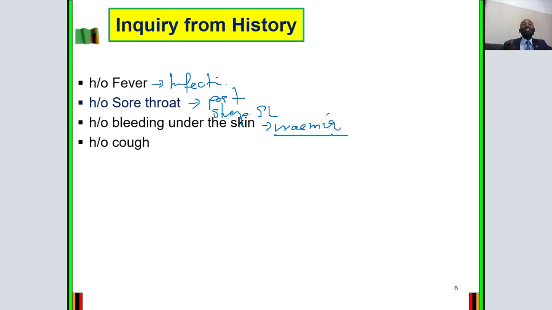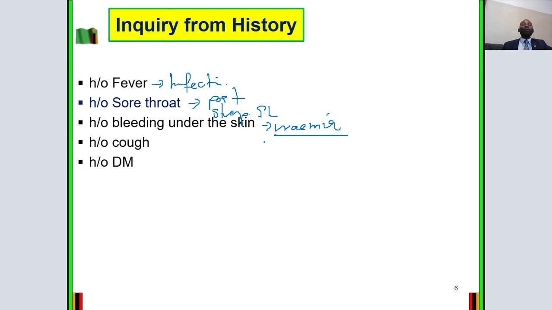And if these kidneys are receiving acidic blood, it may also result into injuring the kidneys. Okay, so as you are trying to inquire, you are thinking at another level, that is being a clinician. Okay, that's being a diagnostician, right?